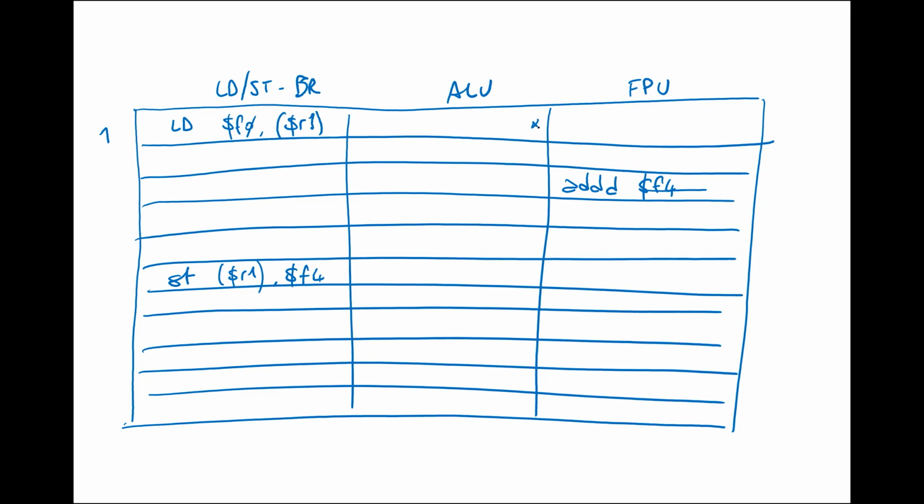But we have a different problem, in the sense that there is a read of the old value of R1 that is here, and we're going to write a new value of R1 with this sub-I. So we have a write after read dependency.